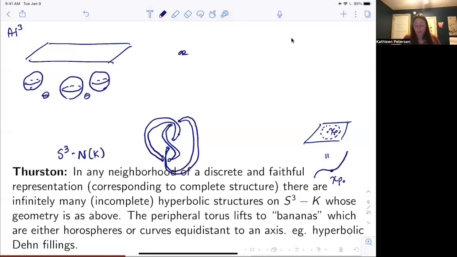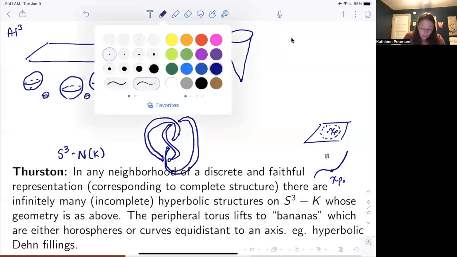But perhaps the more generic situation is where my boundary torus lifts to what I'm going to call a banana. So this is a banana. What do I mean by banana? Here, this is a banana with ideal endpoints here and at infinity.